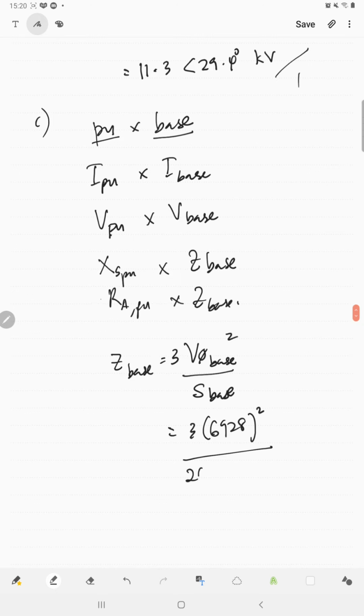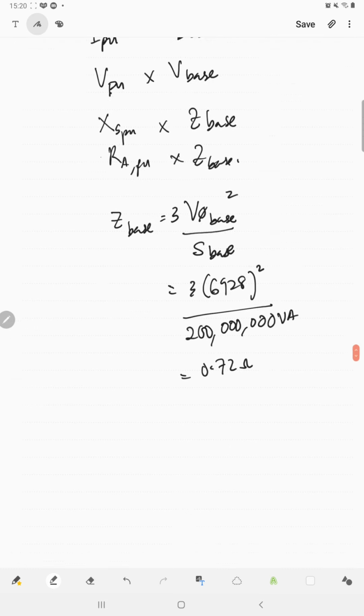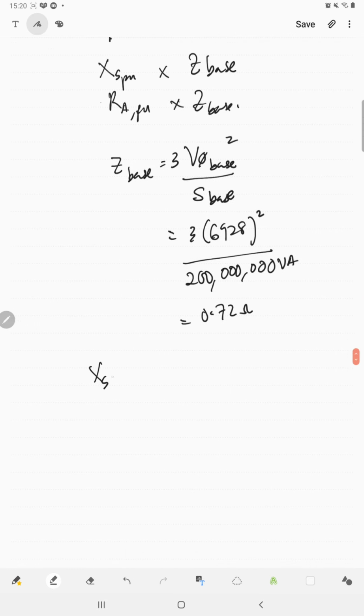divided by S base, which is 200 MVA. So this is 200 million, and this will give you 0.72 ohms. So XS is XS PU times 0.72. XS PU is 0.9, so times 0.72 is 0.648 ohms.